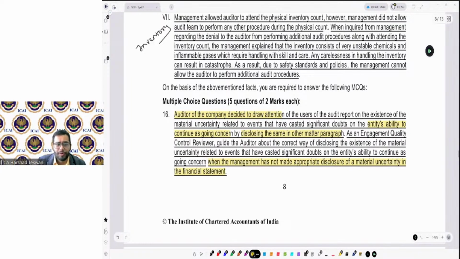How will you deal with this situation? I am saying I have a doubt. There are certain events which are pointing towards material uncertainty, which have cast significant doubts on the entity's ability to continue as a going concern. If such a scenario is present and management has not disclosed anything about such events, how will you disclose it in your audit report?